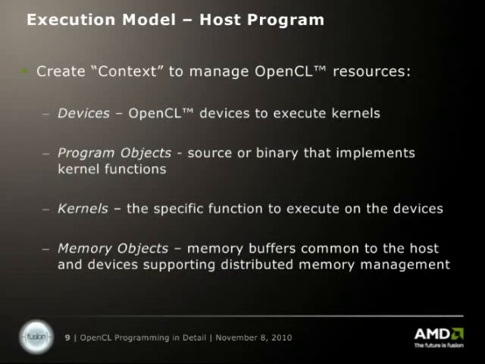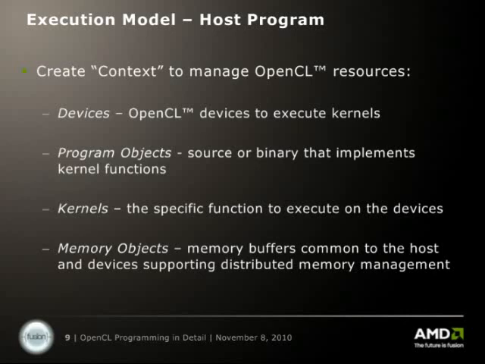As far as the execution model on the host side, everything is gathered together in a context. You have to create an OpenCL context to manage the resources on the host side. Within a context, what's included is a collection of devices that you want to execute your kernels on.